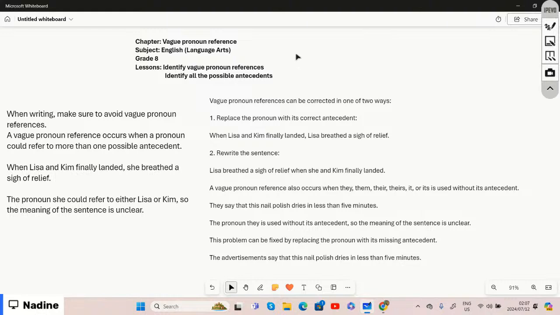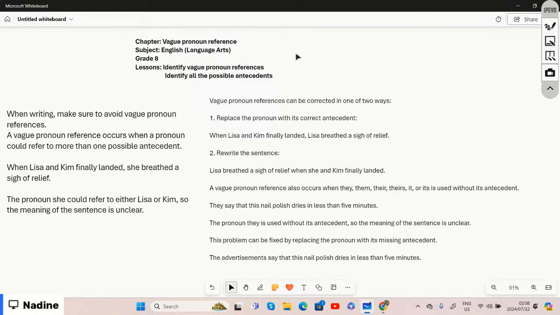So when it comes to vague pronoun reference, look at the word vague. Before even going to pronouns, remember a pronoun basically takes the place of a noun. But look at the meaning of the word vague. Vague is something that is uncertain or indefinite, or something that can be unclear.